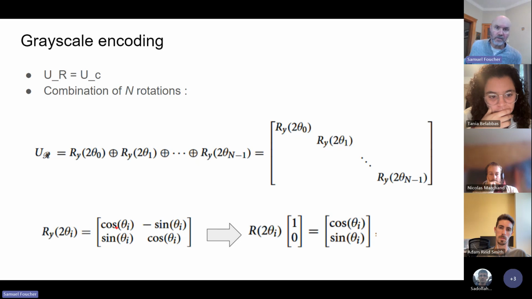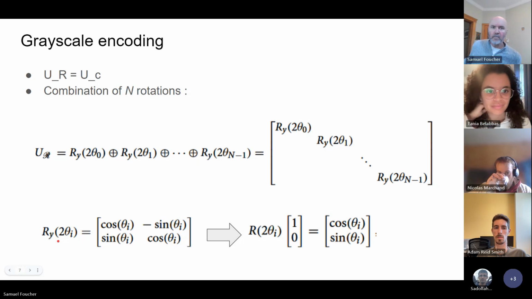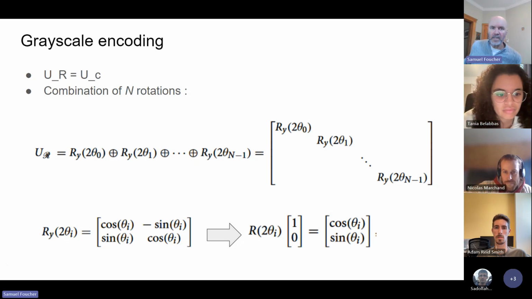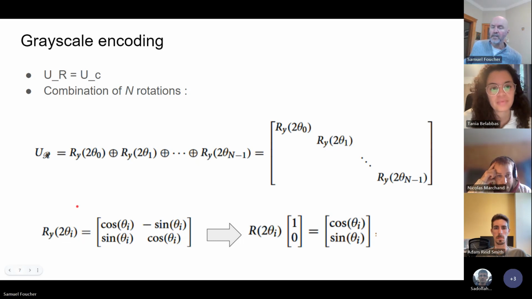This is a unitary transform, of course, for rotation. The thing I was not too sure about is why they added a factor 2 before. But after, when they talk about the implementation, you see that the factor 2 disappears, in fact. I'll show it just after.